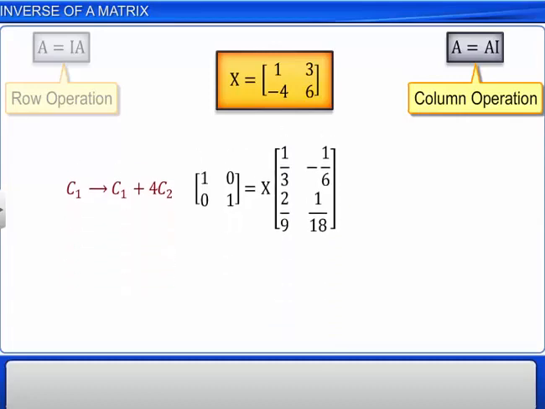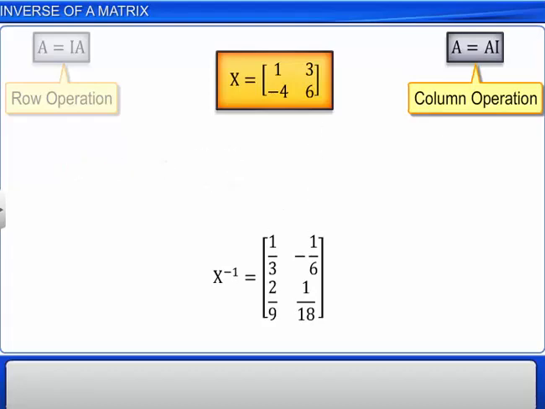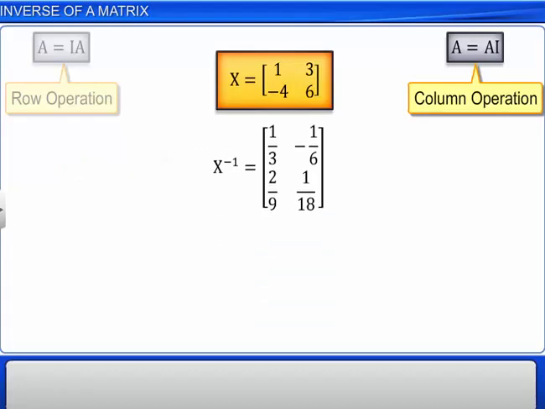Now, we have obtained the identity matrix on the left-hand side. The inverse of matrix X is as shown. It can be easily seen that the inverses obtained by either row or column operations are the same.